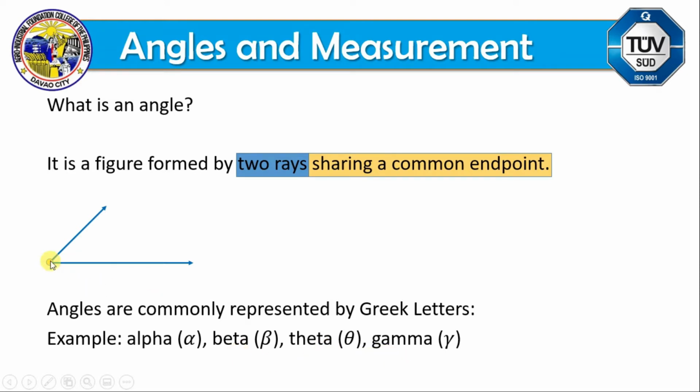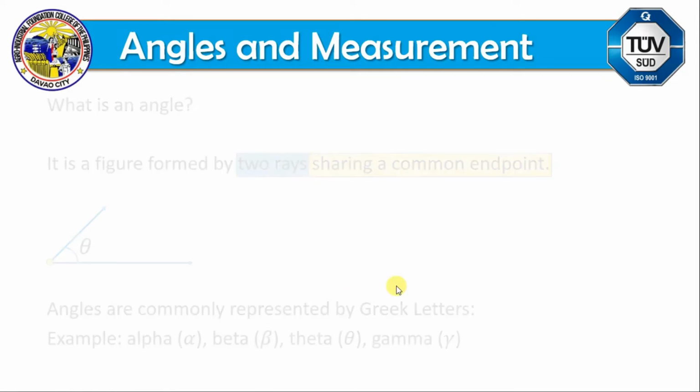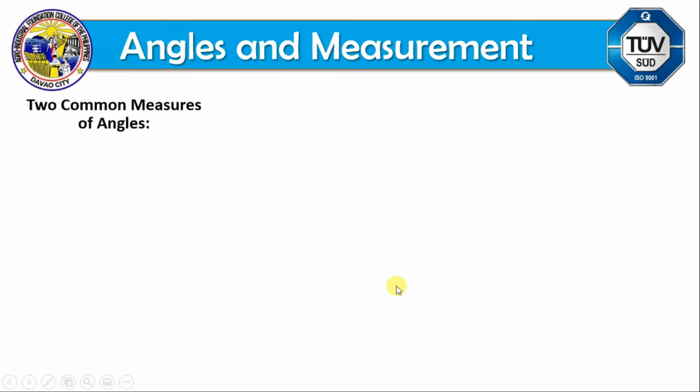For example, this particular angle we can name angle theta. Now, there are two common units of measurement for angles: degrees, and the second one is radians.